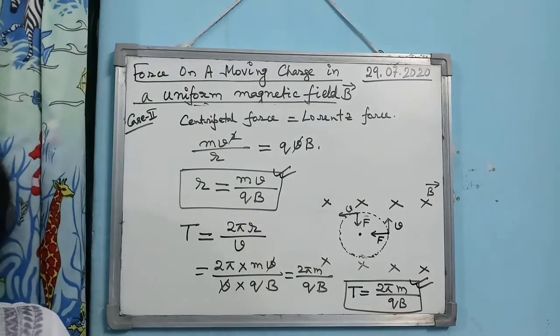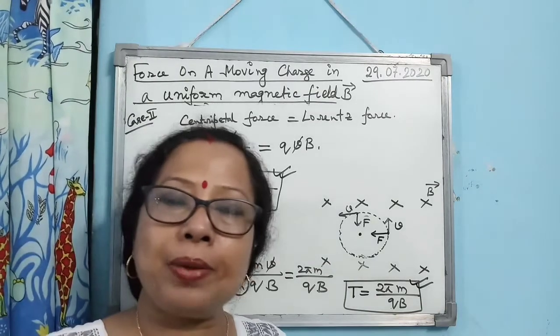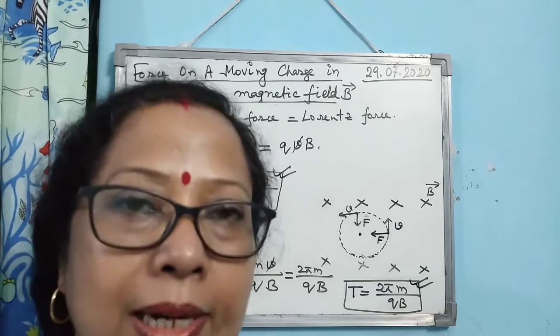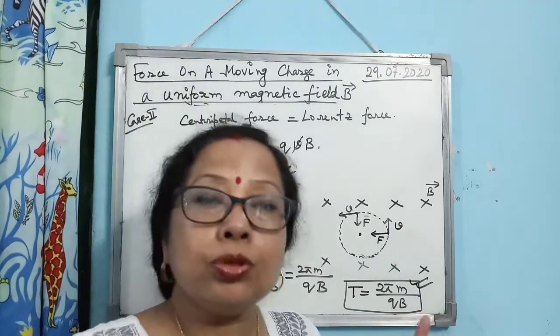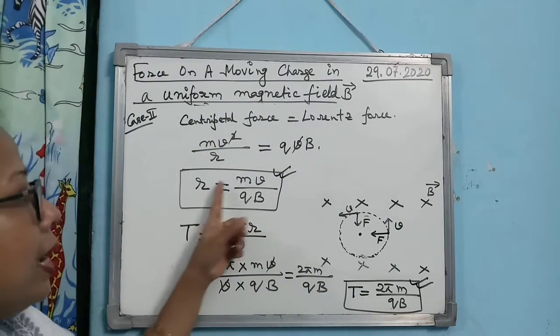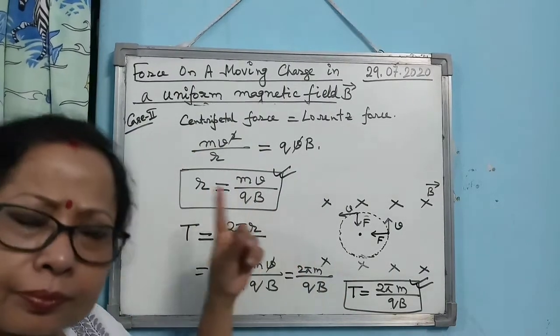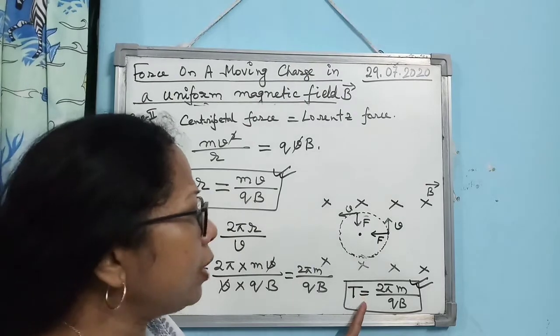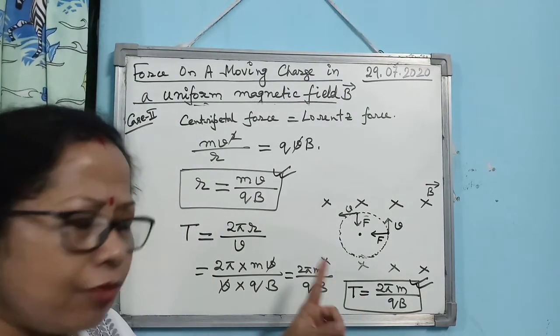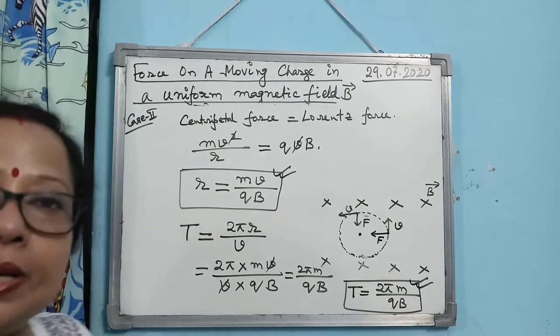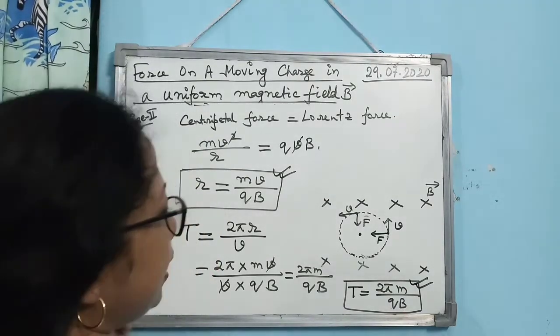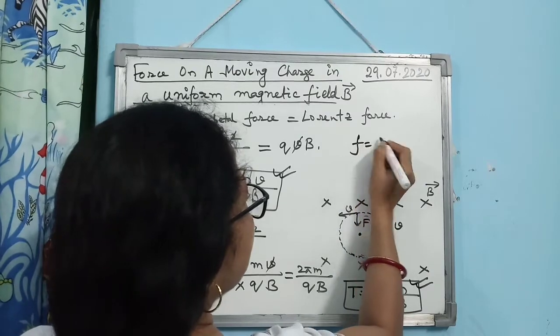Okay, so when a charged particle moves perpendicular to a uniform magnetic field, it will move on a circular path whose radius is given by mv by qB, and time period of revolution is given by 2 pi m by qB. Okay, so what will be the frequency of revolution?